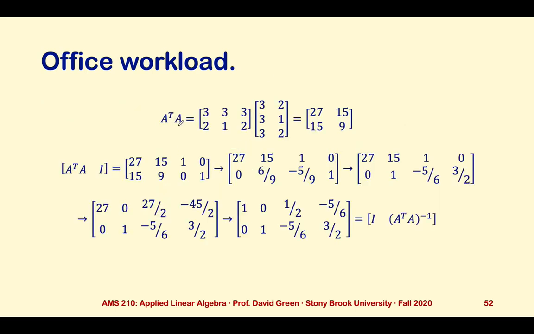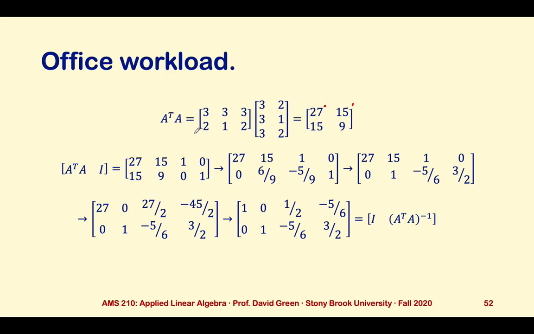A transpose A, A transpose and A written here, multiply using standard rules. 9 plus 9 plus 9 is 27 for the first element. 6 plus 3 plus 6 is 15 for the second column of the first row.